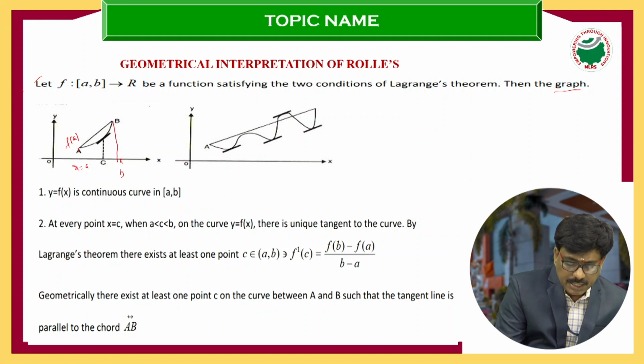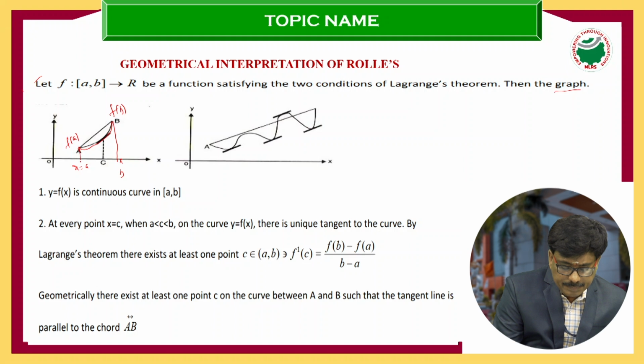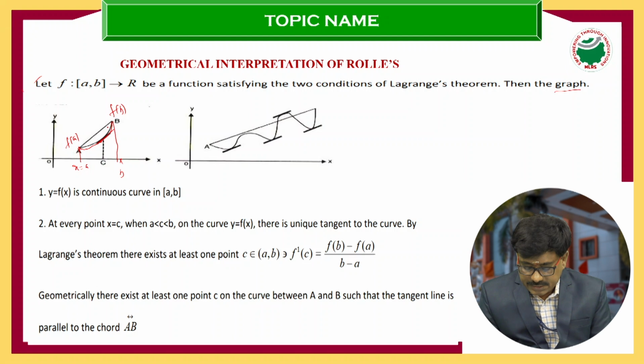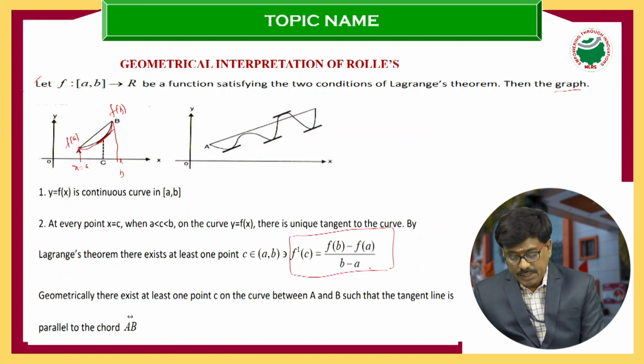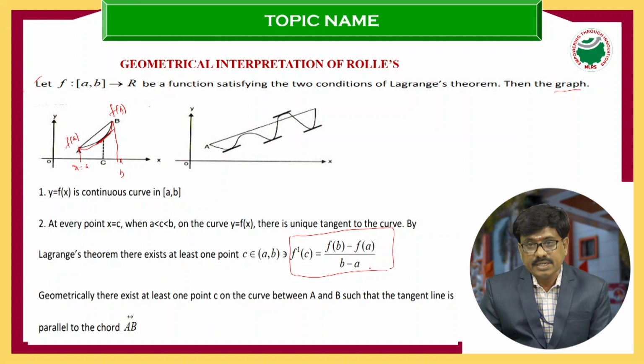When we draw a line here, it becomes f of b. Now this function is continuous between a and b. When we draw a tangent at the particular point c, what is the f dash of c value? f dash of c is nothing but f of b minus f of a divided by b minus a.